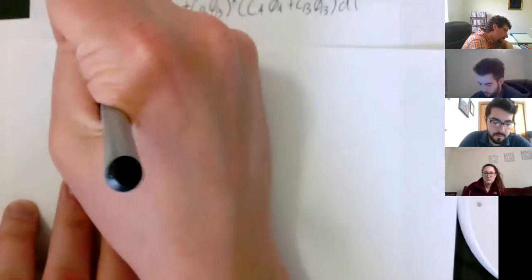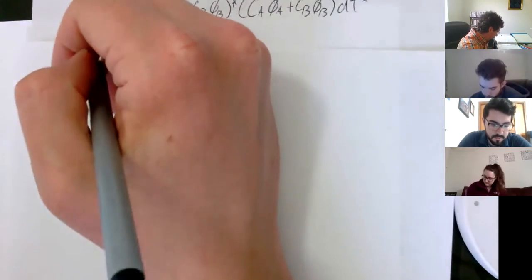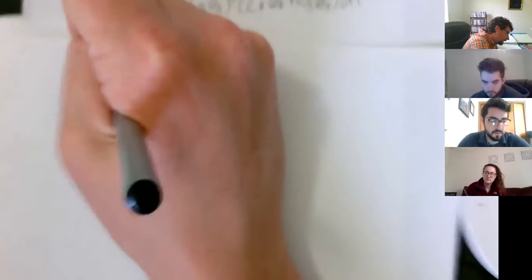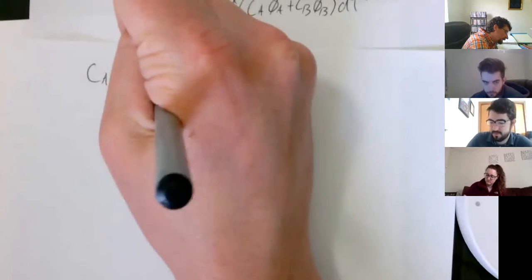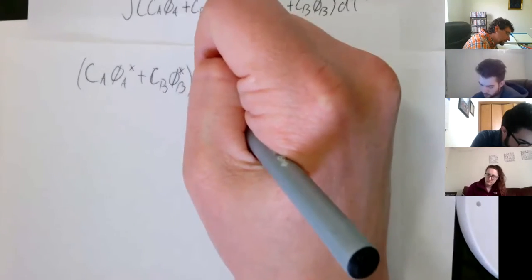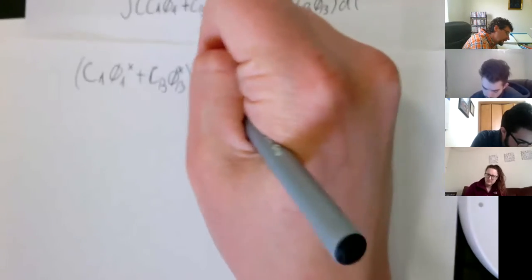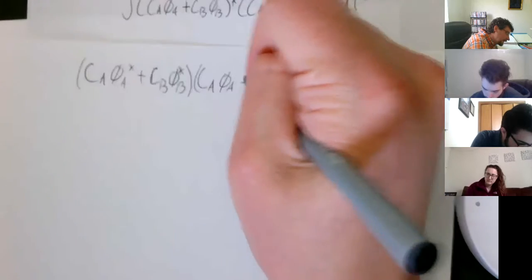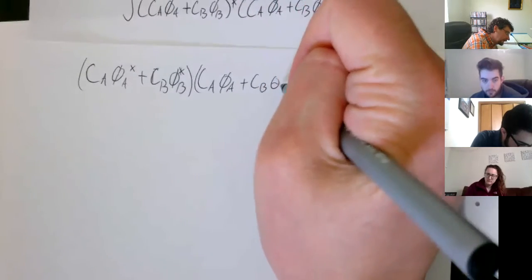Okay, so if we do CA star phi A star plus CB star phi B star, times CA phi A plus CB phi B, and multiply that out, what are we going to get?